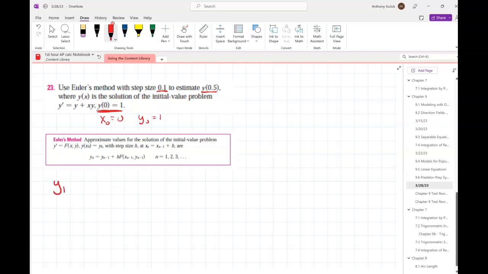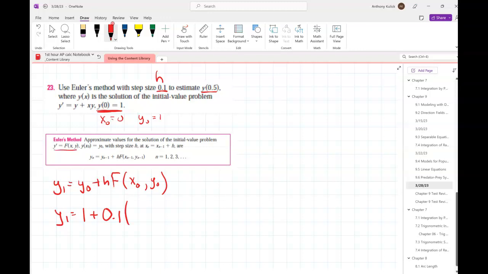So we have h, we have y0 and x0. So if I plug in my formula, y0 is 1, h is 0.1, and f is the derivative.